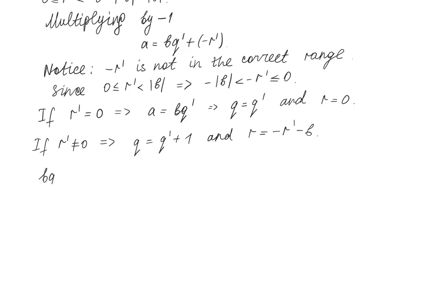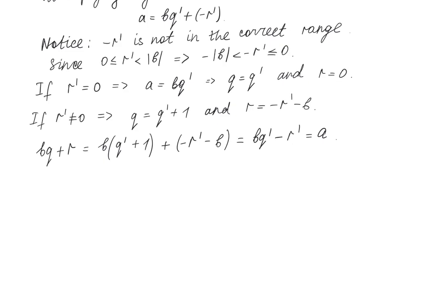Then bq plus r will be equal to b times q prime plus 1 plus minus r prime minus b, and if we distribute and collect like terms, we get actually our a. So we did write a in terms of q and r, bq plus r, and now we need to check if this r is in the correct range.